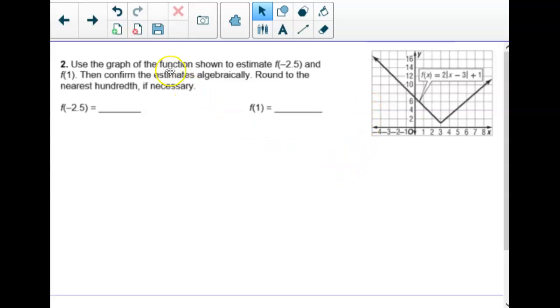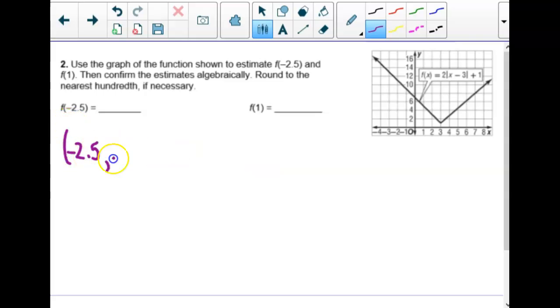Use this graph, it says, to estimate f of negative 2.5 and f of 1. This was on the quiz last week, and it went okay for most of you. I had some people who skipped those questions and acted like they'd never seen them. If x is negative 2.5, what is the y value on this graph?